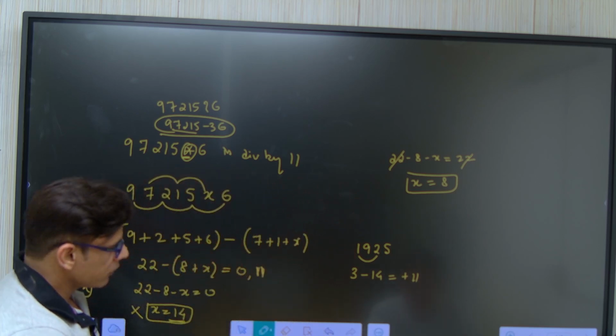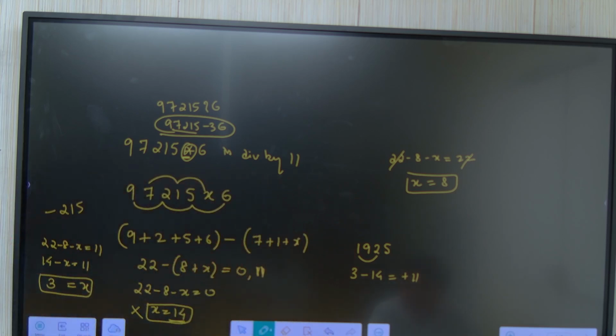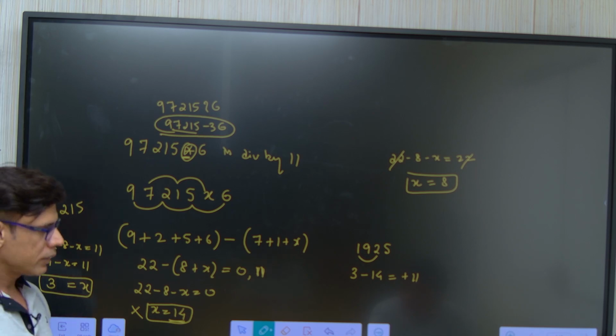Yeah, just because you took the digits in some different order, but the difference which you are taking should be an absolute difference. Clear? I hope this is clear to all of you. Divisibility.